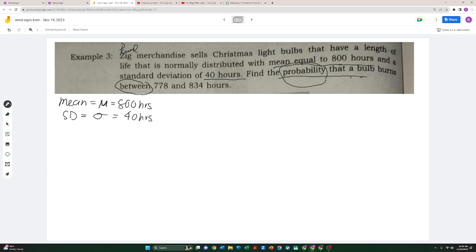So the bulbs' central tendency is 800 hours.